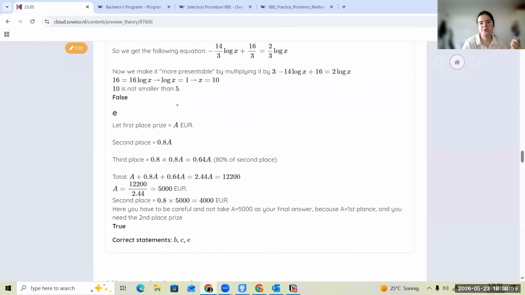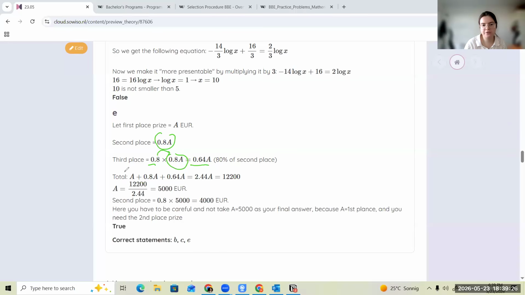So, okay, first place prize is, let's say, A euros, whatever you want. Second place is 20% less, so it's 80% of the initial prize for the first place. And third place is 80% of the second place. Because we know the second place is 0.8 A, and if we do 80% further, we get this.